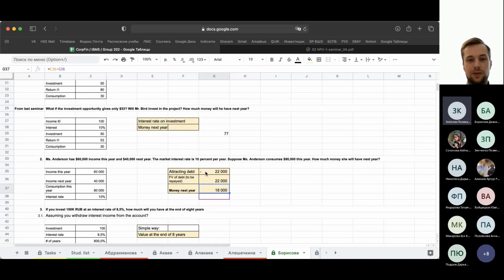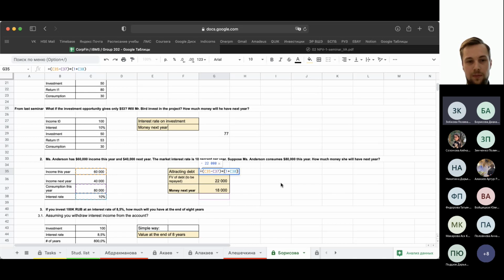So, let's do it step by step. Firstly, what amount of debt does Mrs. Anderson need? Okay, we have income for this year, it is 60,000, but the consumption is higher than the income.